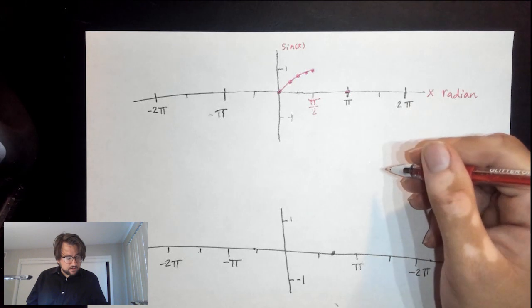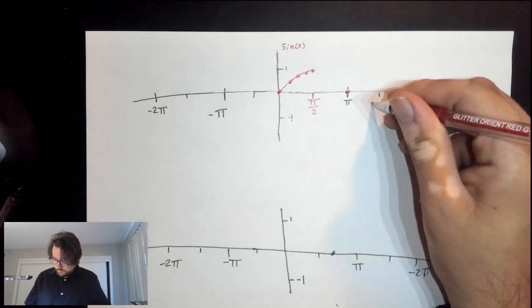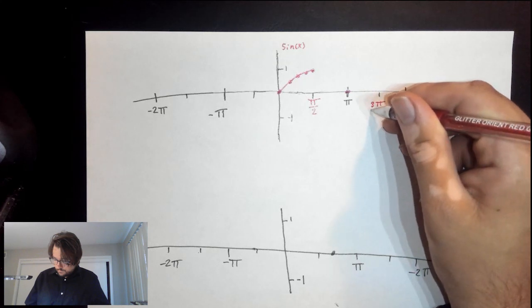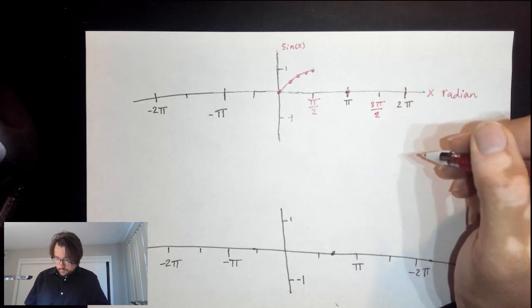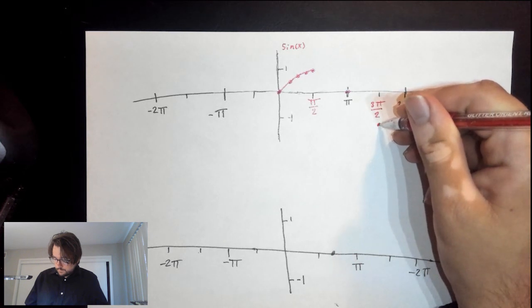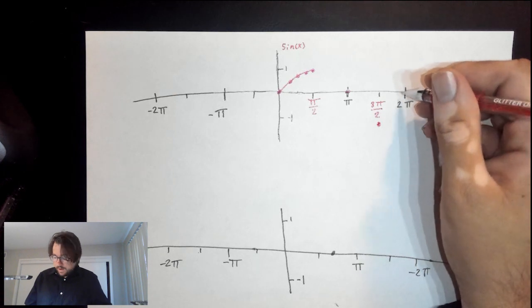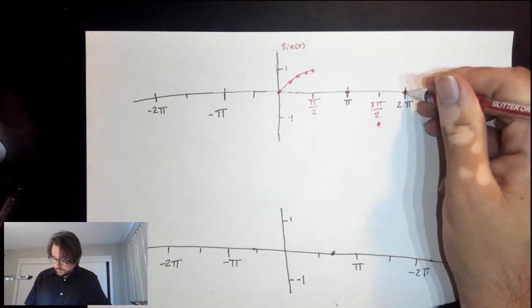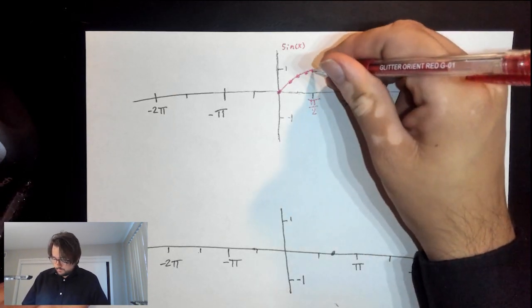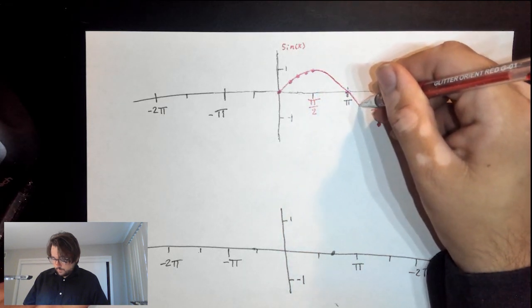The sine of 3 pi over 2 is -1. And the sine of 2 pi is back to 0. I'm now going to connect that with the same shape. I have this kind of curving shape.